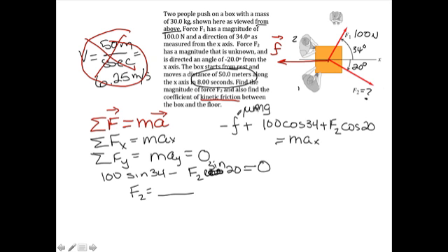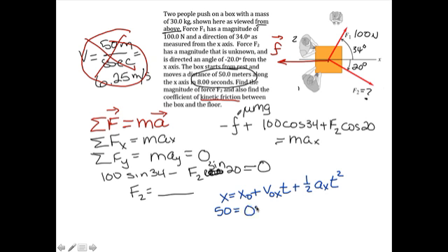The mass is 30 kilograms, g is 9.8 like it always is, and the acceleration we get from the fact that the box starts from rest, moves 50 meters in 8 seconds. So the way that we find that is to use this equation, x equals x naught plus v naught x t plus 1/2 a_x t squared. And so x is where it winds up, which is 50 meters.